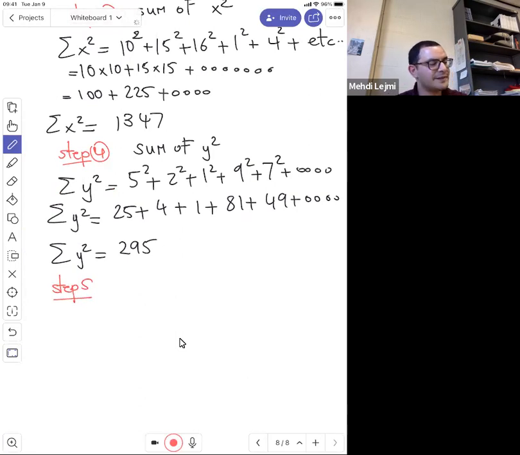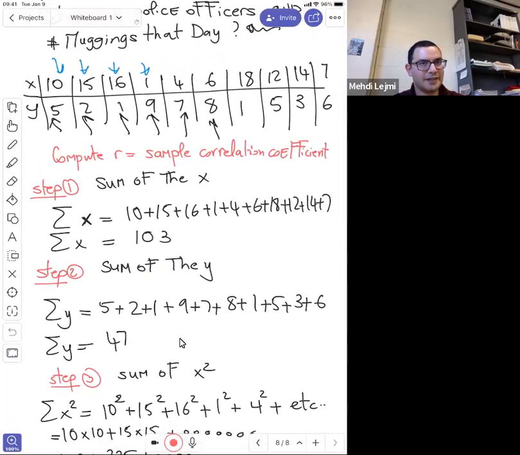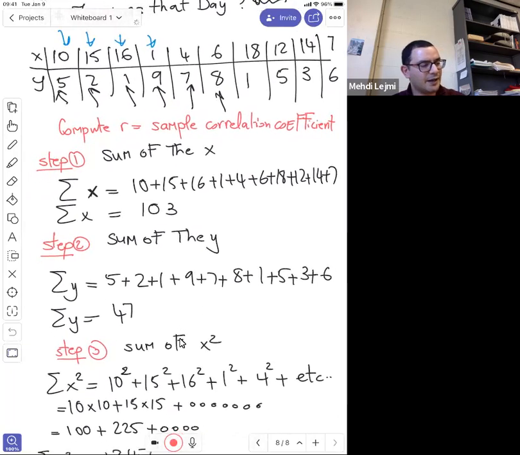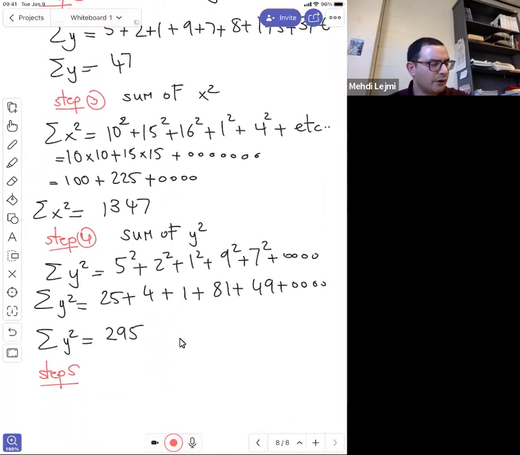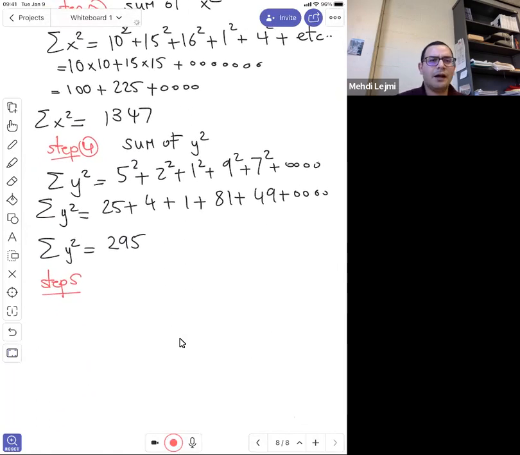But in this example they have a sample of 10 days, so you have 10 data pairs. It's a lot. So in practice, in the homework or the test, I would just give you the answers to these steps, okay? But of course, you can also have a homework question where we have to do all these steps, okay?